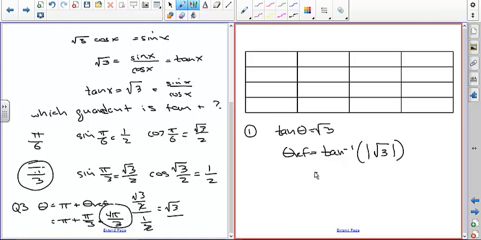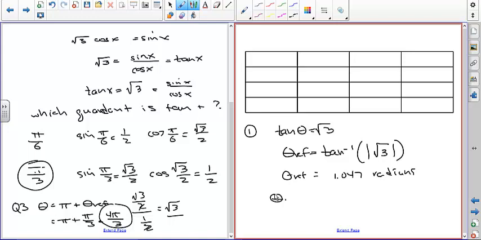If you do that using your calculator, let me make sure it's in radians, because we keep switching between physics and calculus these days. So we take the inverse tangent of the absolute value of the square root of 3, and we get 1.047 radians.